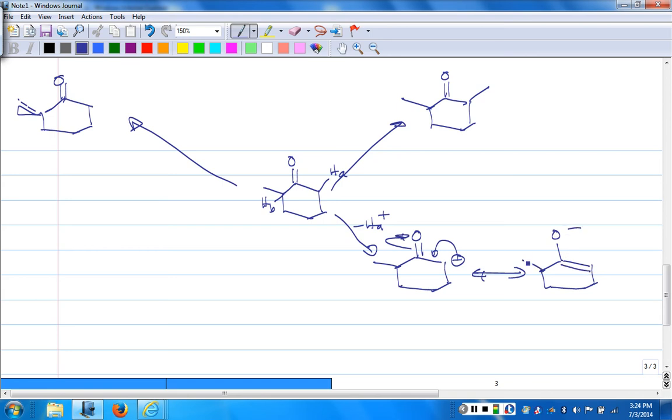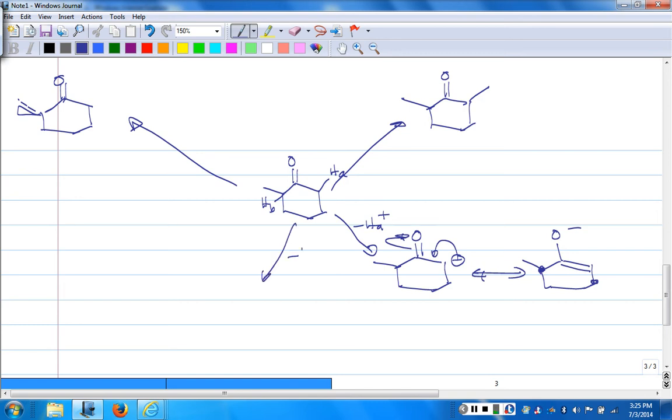But as I mentioned, the major resonance form of an enolate is actually this one, where the negative charge is on the more electronegative O. And so much of the enolate then has really what I might call alkene character. If I ignore the O minus, this really is sort of an alkene. And this alkene has 1, 2 alkyl groups on it. So it's a di-substituted alkene.